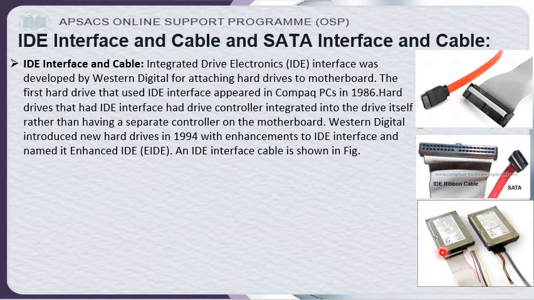So if you see here, at the back of the hard drive, the drive controller board is there. The IDE cable will be connected to your hard drive, and then it will go directly to your motherboard. So that is the IDE ribbon cable.